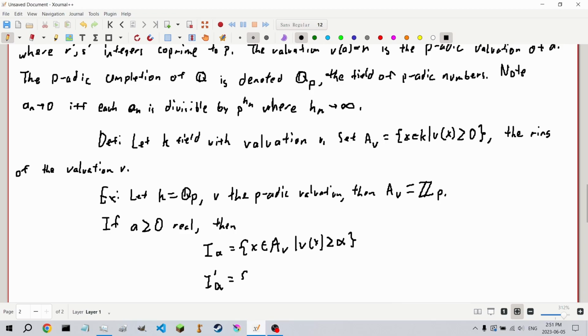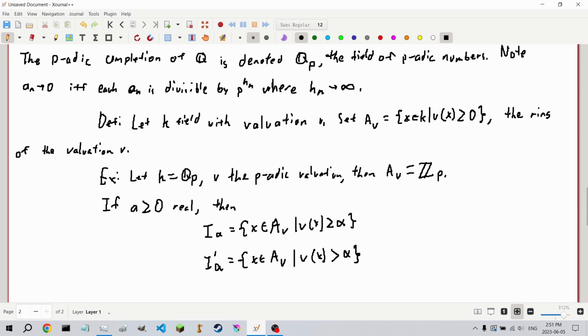These may be some familiar constructions to you. These are ideals of A_V.